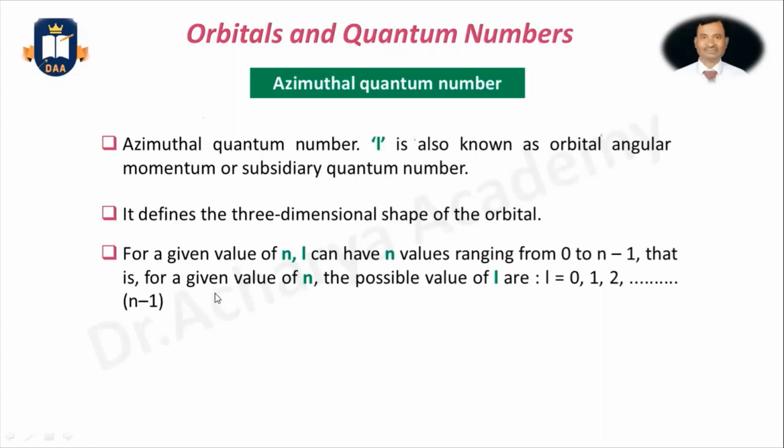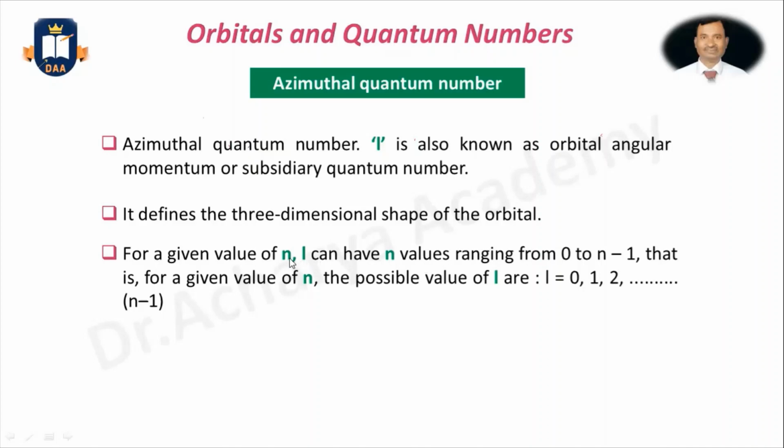And when the value of n is 2, then it will be 0, 1, that means 2 minus 1, n minus 1, so it will have two values. That means for a given value of n, l can have n values.